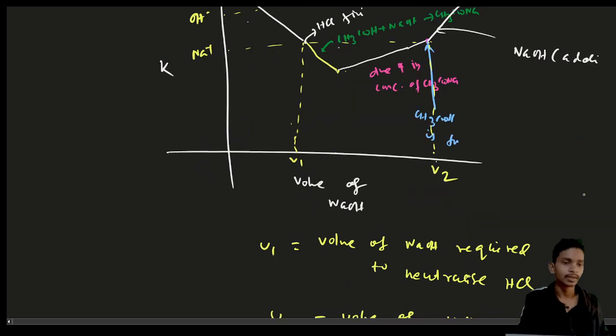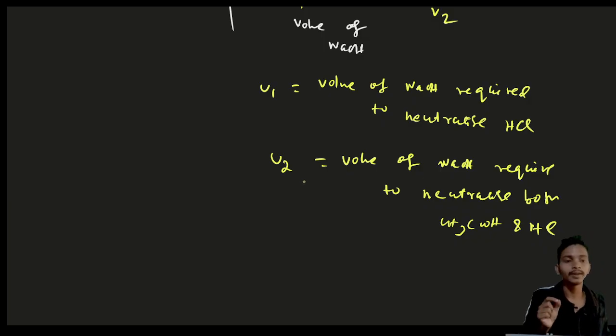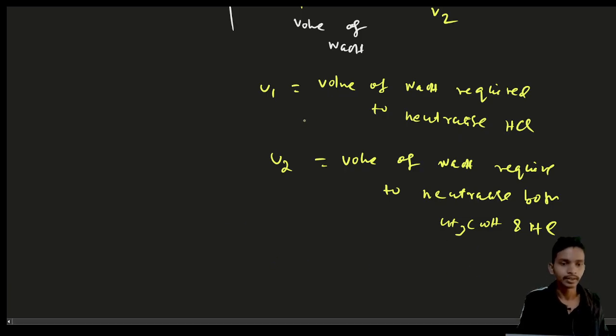Okay. After that, here only NaOH, no acid is there. So now the question is, what volume of NaOH is required to neutralize only the weak acid? So this is for neutralization of HCl. This is the neutralization for both the weak acid and the strong acid, both CH3COOH and HCl.